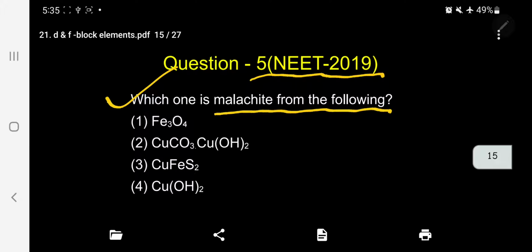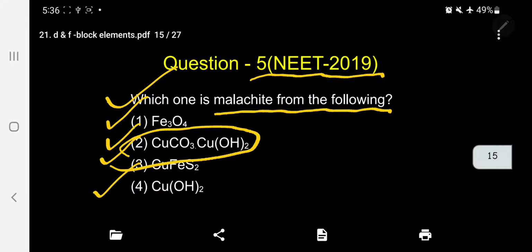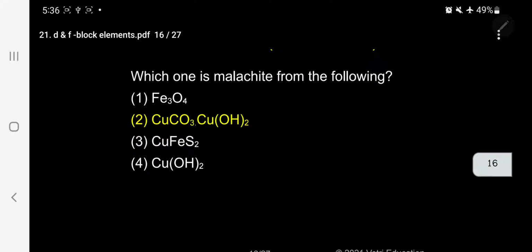The formula they have given: 1. Fe3O4, 2. CuCO3·Cu(OH)2, 3. CuFeS2, and 4. Cu(OH)2. Which one is malachite? Probably 2 may be the correct answer. Let us see.